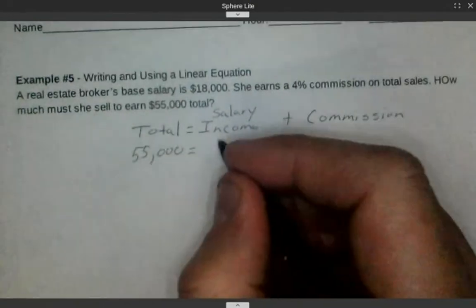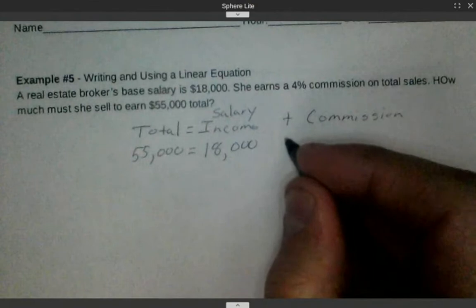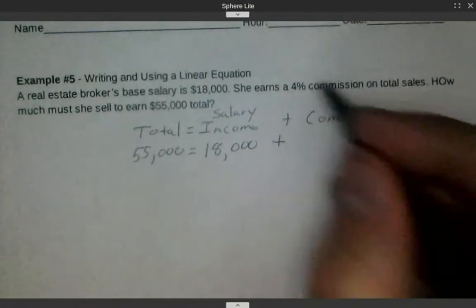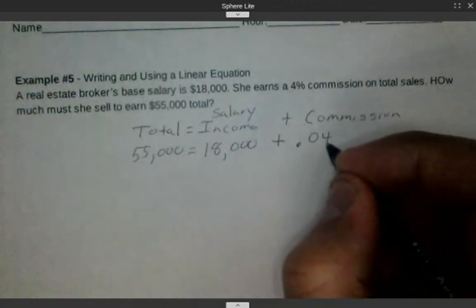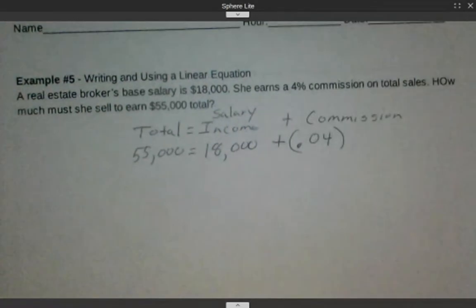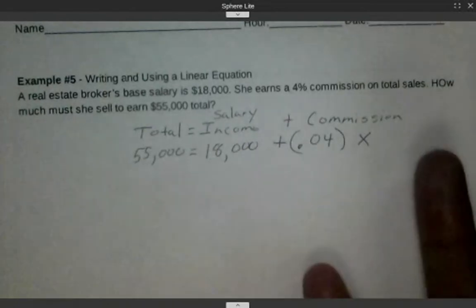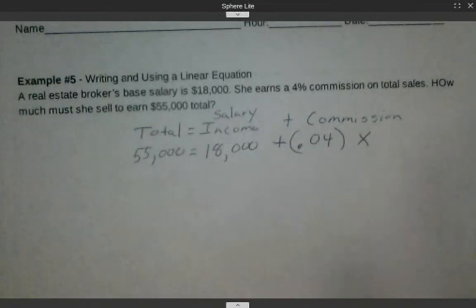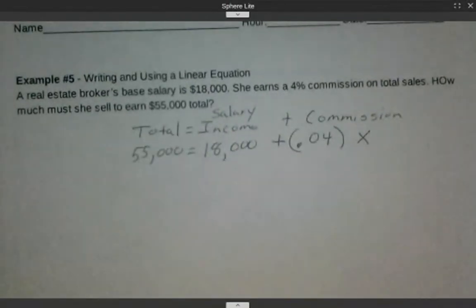The salary that she made was $18,000. Her commission is 4%. So we write 4% as a decimal as 0.04. And then we multiply by how much she must make in sales because she's going to get 0.04 of that percent. And we want to figure out how much she has to sell in order to get that 55.